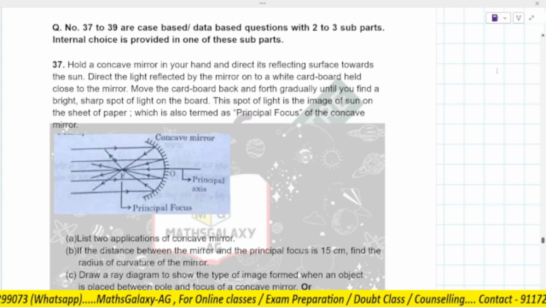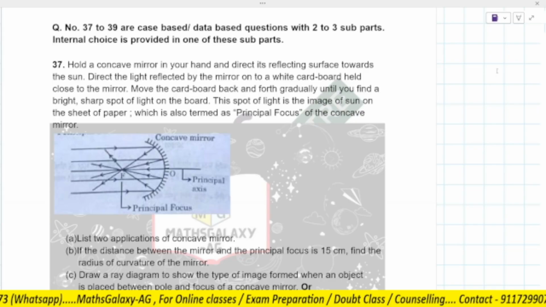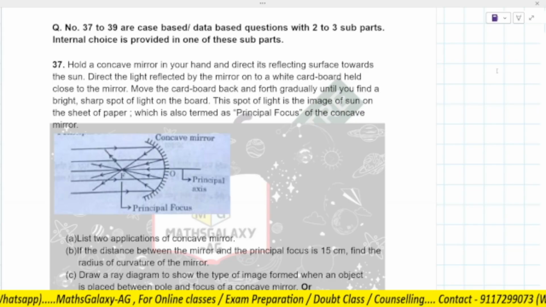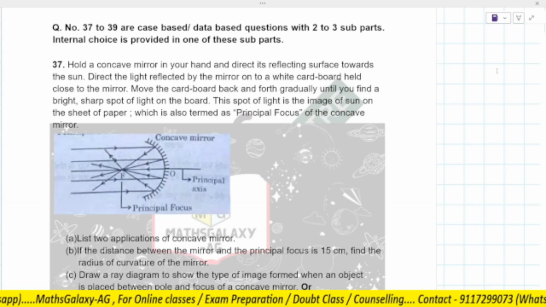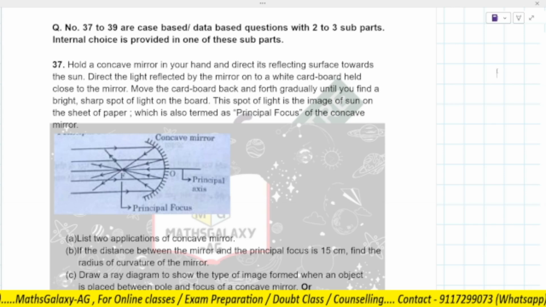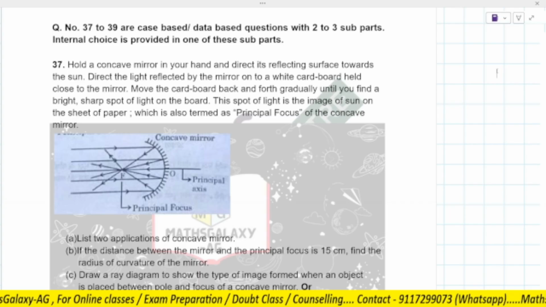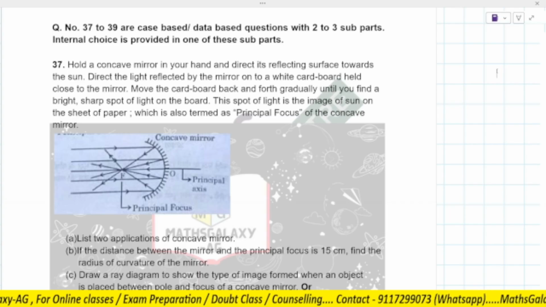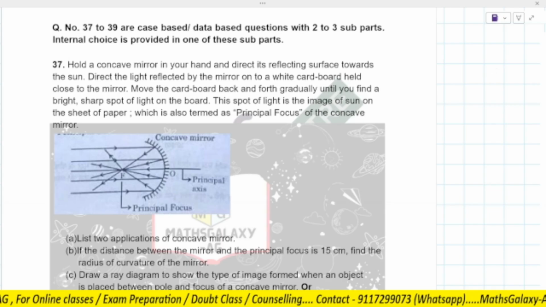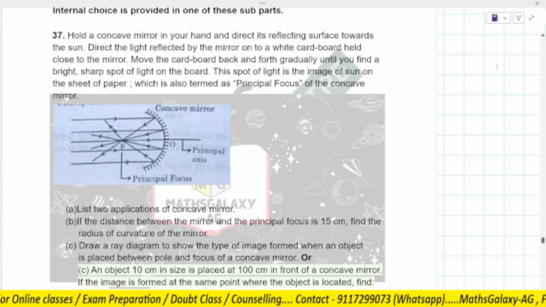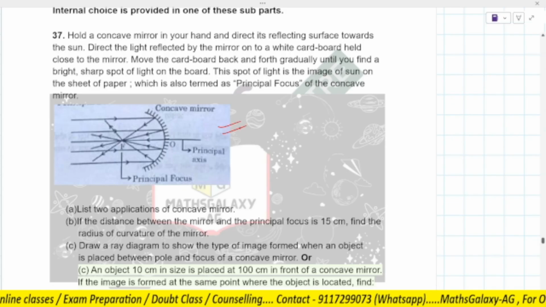Move the cardboard back and forth gradually until you find a bright sharp spot of light on the board. This spot of light is the image of the sun on the sheet of paper, which is also termed the principal focus of the concave mirror. As you can see here.